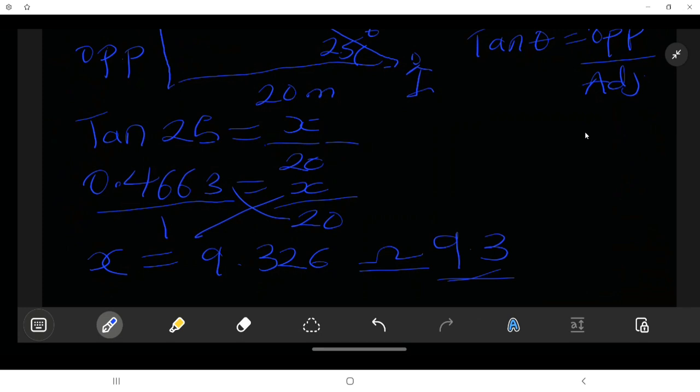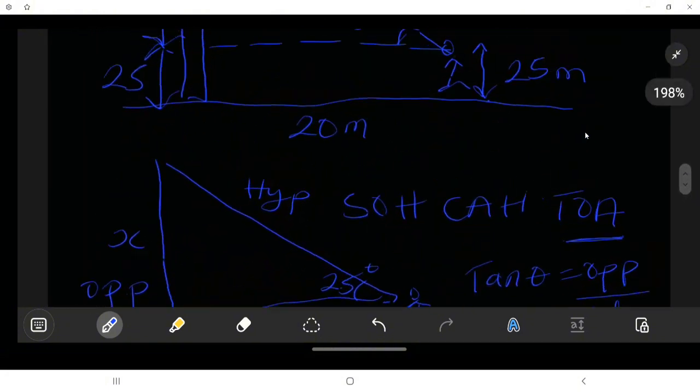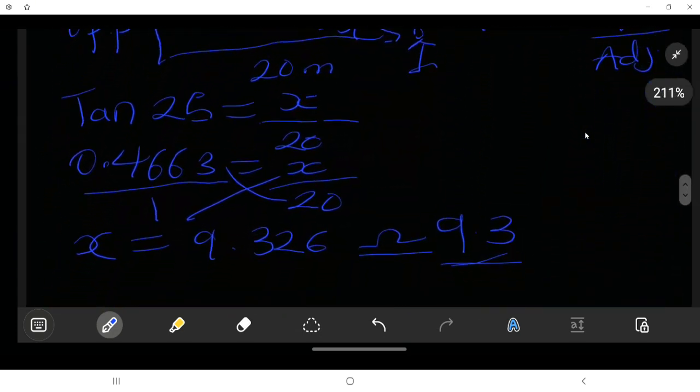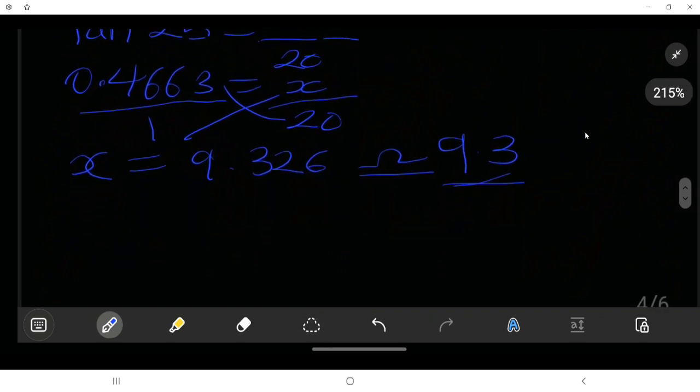Remember that we have part of the height of the pole, which is also equivalent to the height of the man, which is 25 meters. So we're going to add the 25 meters, which is the height of the man and equivalent to part of the height of the pole, plus the remaining height of the pole.